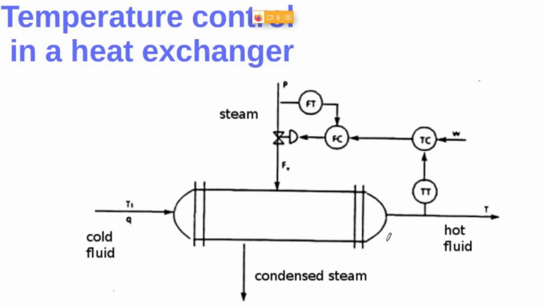And the aim of this process is, as it says, to control the temperature of this outflow in here, right? So that's why we have here a temperature transmitter, a temperature controller. As you can see here, we have an external set point. This is the set point for the temperature, right? And here we have the process variable.